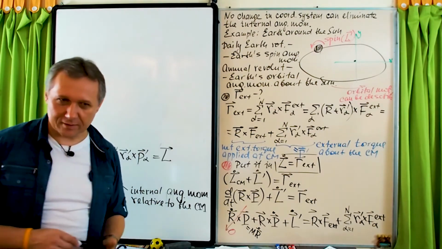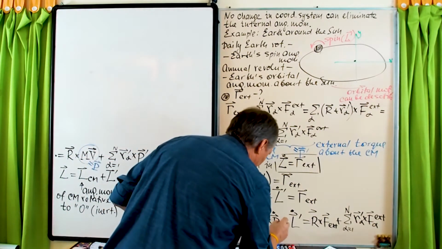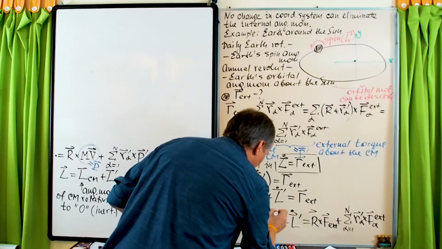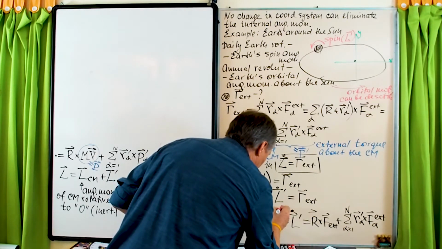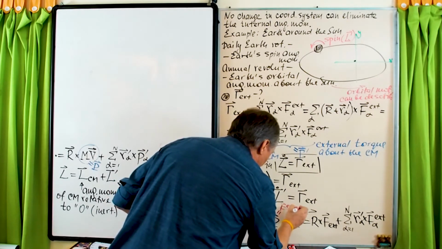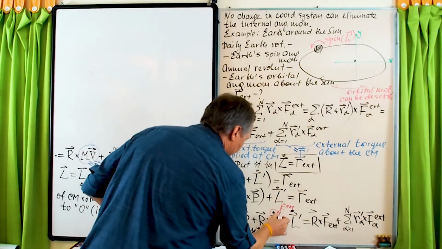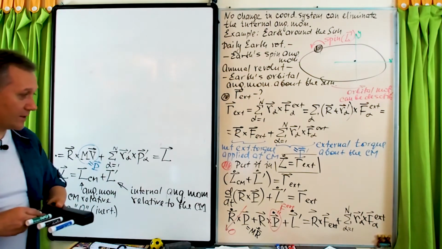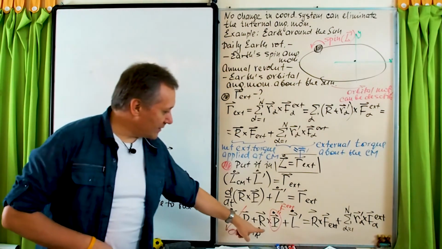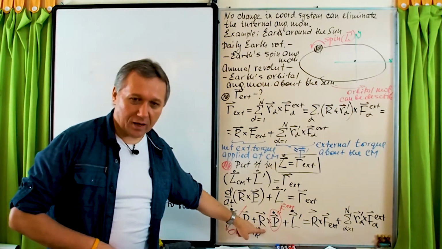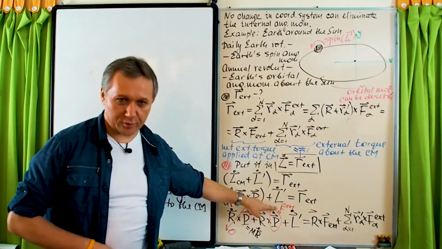It's the second class, right? So that is, maybe I will write over here. So this P dot is equal to F external.